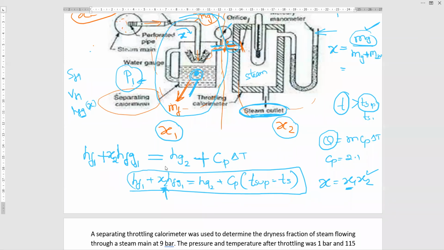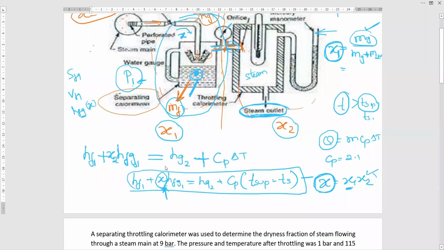Using the separating calorimeter. In the separating calorimeter, water formation takes place. This water we will measure, some value mf. That value will be substituted here. So using this formula, I will get X1. Using this formula, I will get X2. I will multiply these two, and I will get the total dryness fraction, that is X.